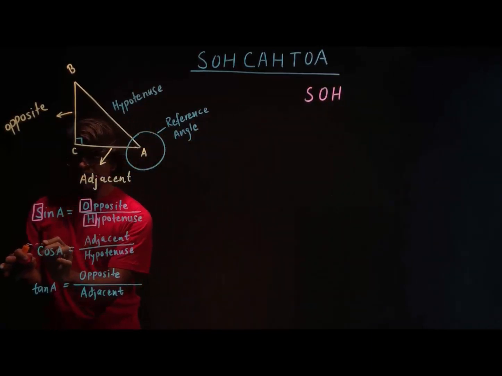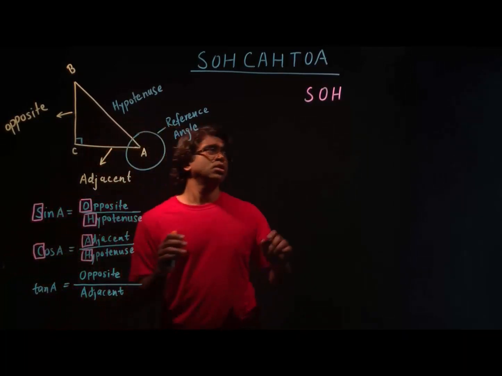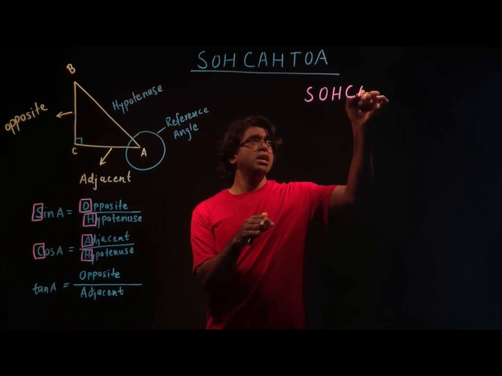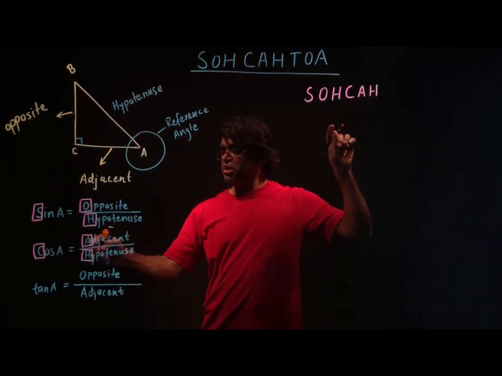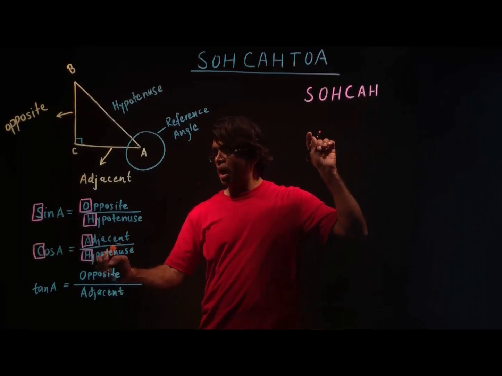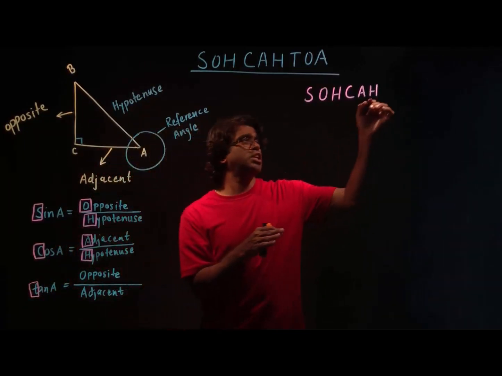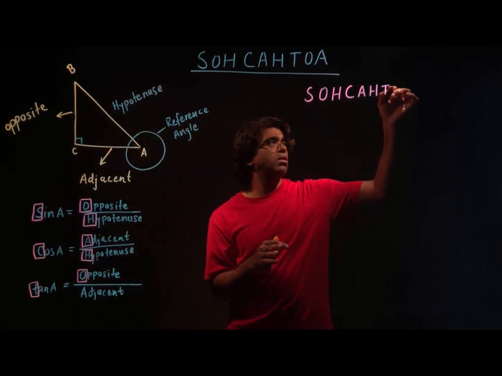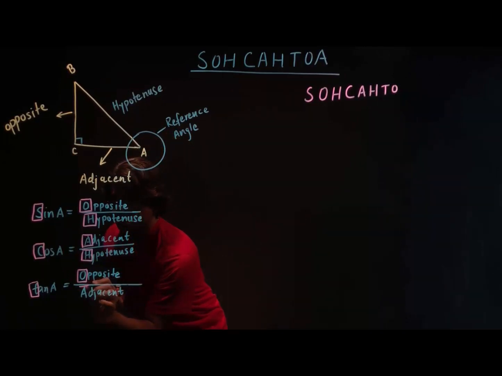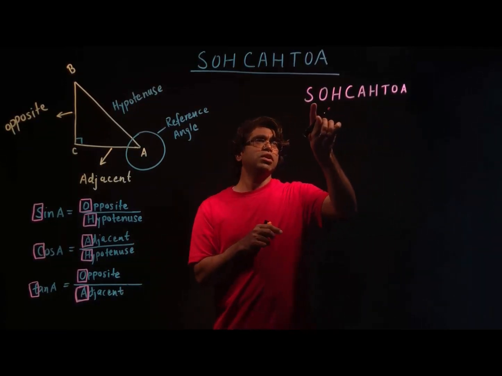Then from cosine, we took C from cosine, A from adjacent, and H from hypotenuse, so we wrote C, A, H. And for tangent, we got T from tangent, O from opposite, and A from adjacent. So we got SOH CAH TOA.